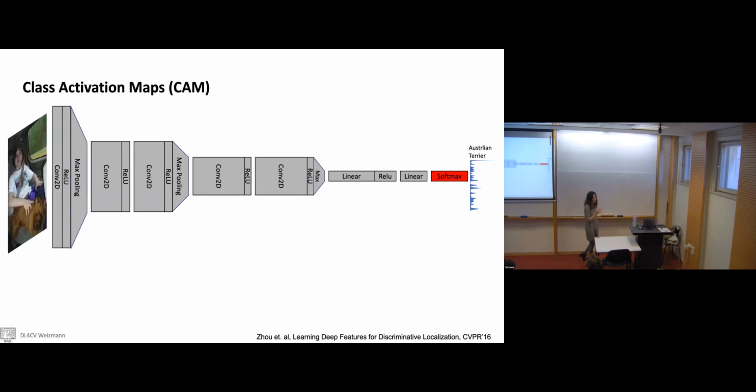I take it to the extreme, if my patch is a single pixel. On the other hand, if the patch size is too large, then I wouldn't get any discriminative regions in those heat maps. So this is a sensitive hyperparameter that needs to be tweaked and could change from one image to another. Like if you have a distant object versus a close-up object, you would get a different result.